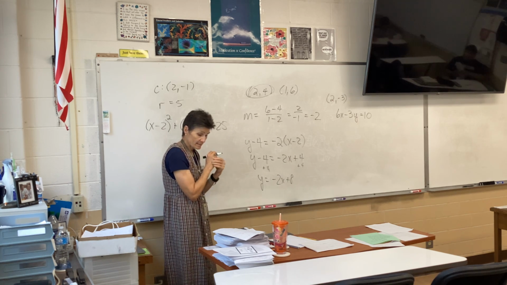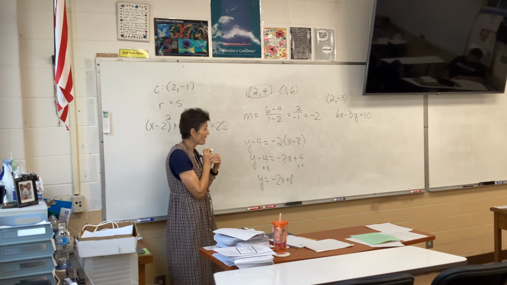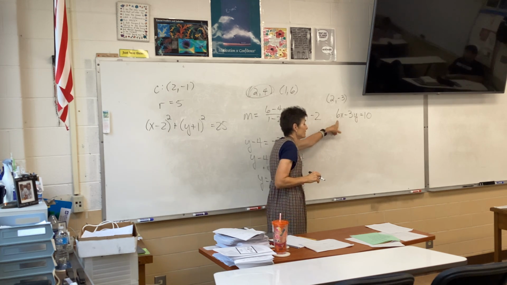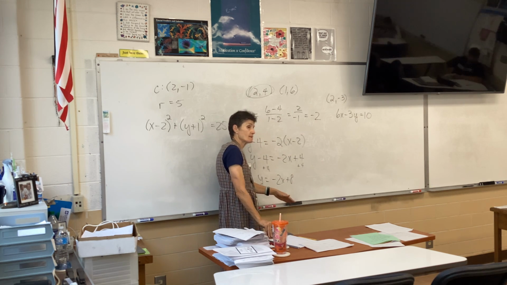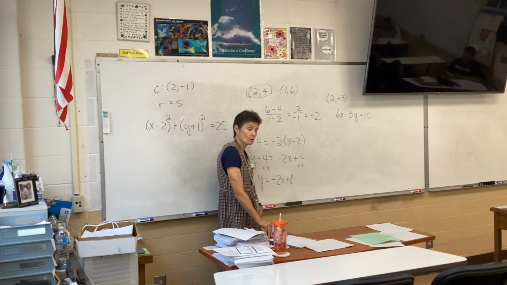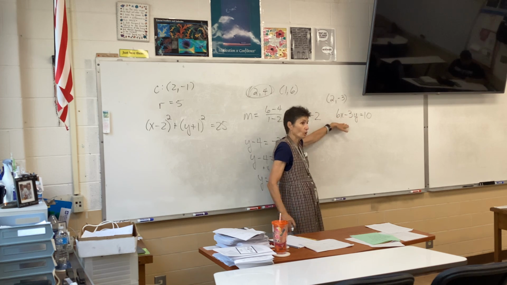All right, B is a continuation of the same sort of thing, but this time we want to be parallel to this. Now, what does parallel mean to me in terms of writing equations of lines? Same slope. So step 1 is get your slope.